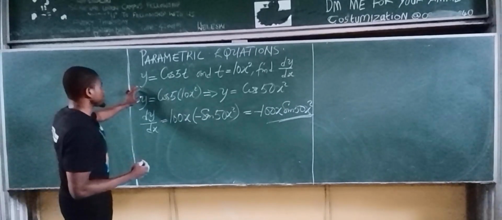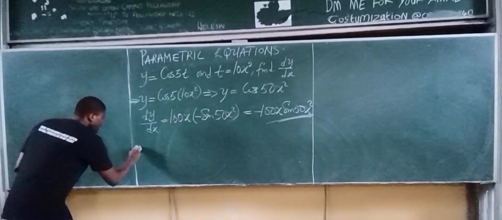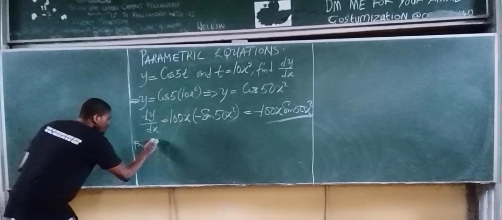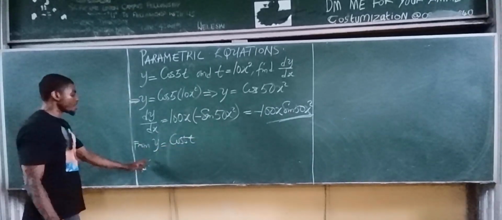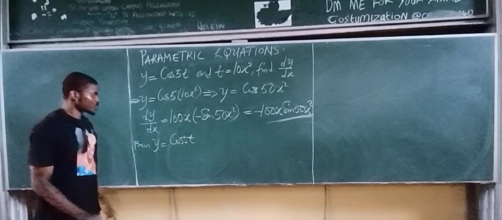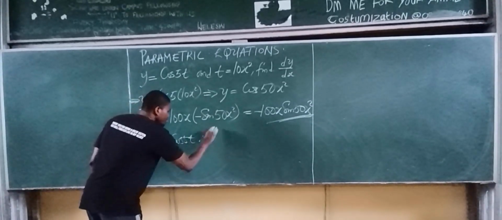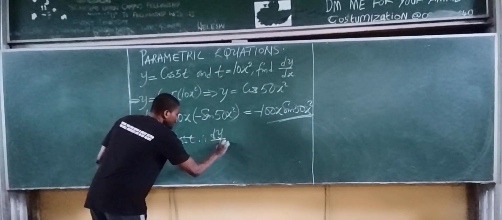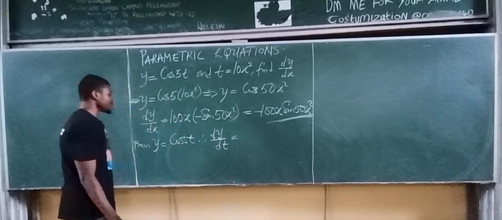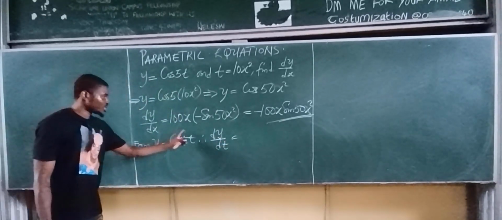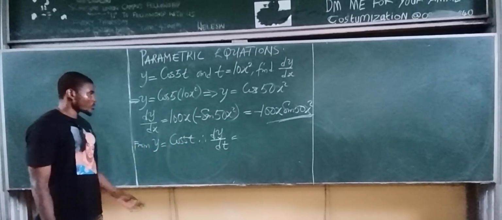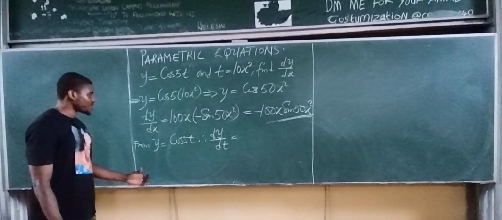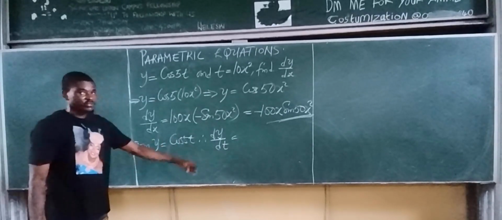I have here y is equal to cos 5t. From y equals cos 5t, it means y is a direct function of t, and as such, I can only differentiate y with respect to t. So differentiating y with respect to t, you differentiate the angle. The angle is 5t. If I differentiate 5t, of course, I will have 5. Use that 5 to multiply the derivative of the trig function itself.